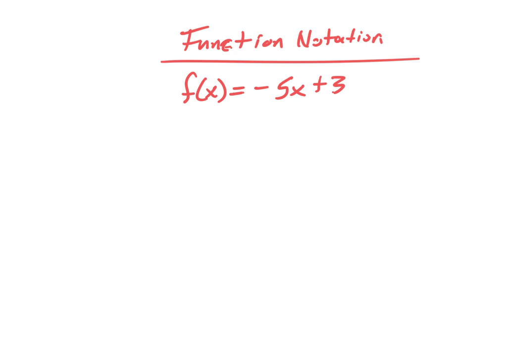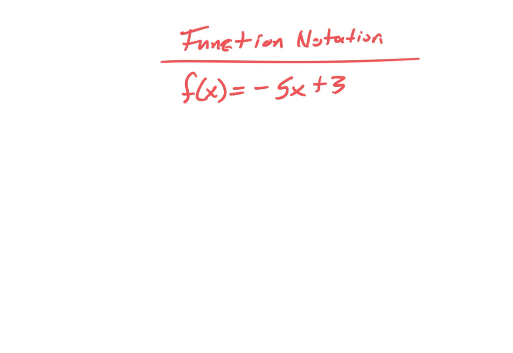Typically we'll use f for function, just the letter we tend to use, but it doesn't have to be f. It could be g of x, h of x. We could use any letter we want to. Sometimes it might be a story problem, so maybe you use a letter that represents whatever the story problem is talking about, like c for the cost of something. So this is a function.